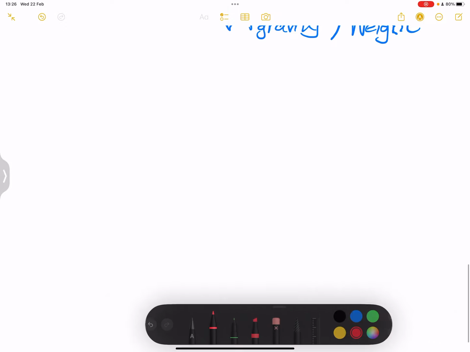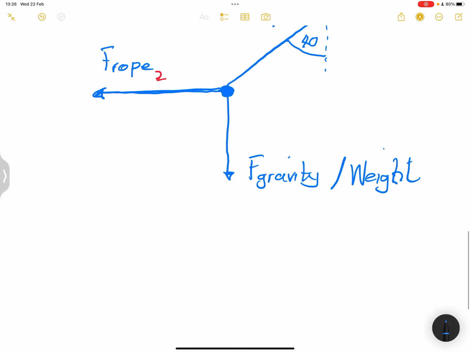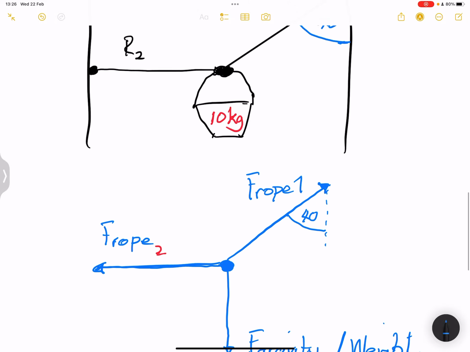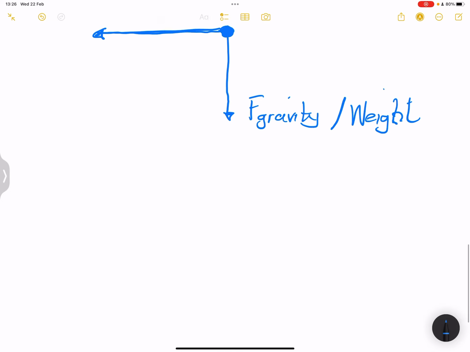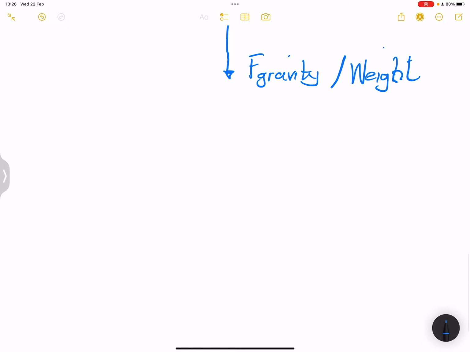So what are we going to do? We're going to apply the triangular law of forces in equilibrium. Remember, this bucket is at equilibrium. Why? It is not moving, it is suspended. It means that the forces are at equilibrium. So now let's apply the triangular law of forces in equilibrium, or vectors in equilibrium.